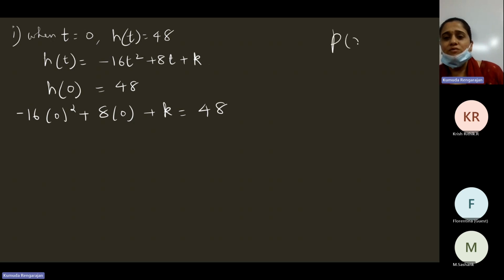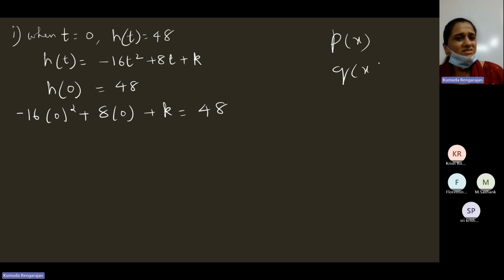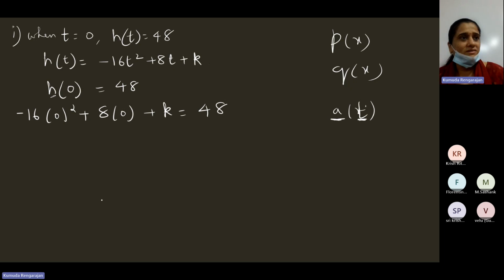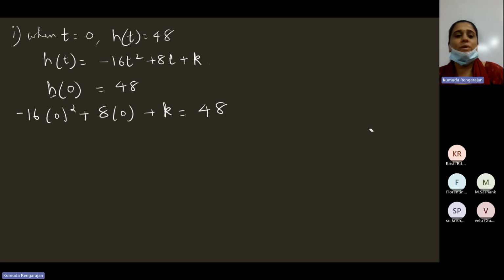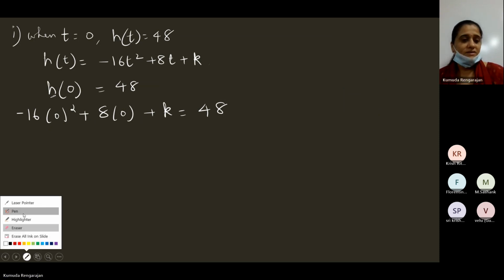You can call it p of x, q of x. This h can be anything. It can be a of t also. t is the variable. This letter has got nothing to do with any understanding. In the bracket is the variable, t.